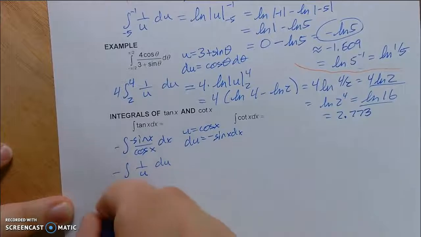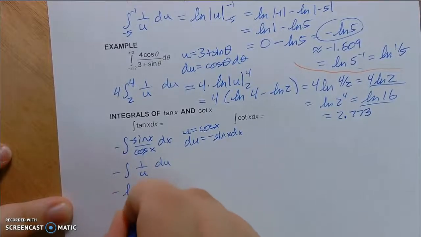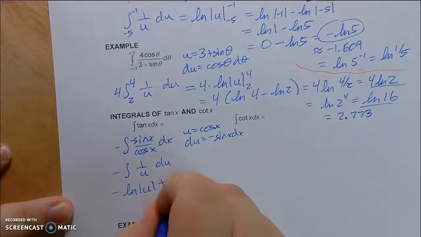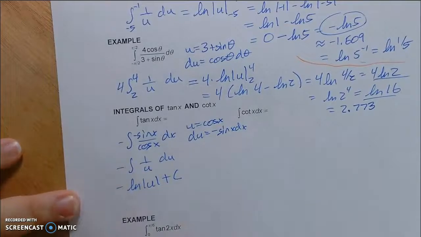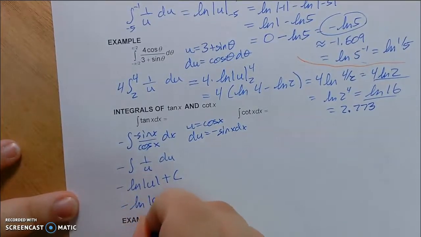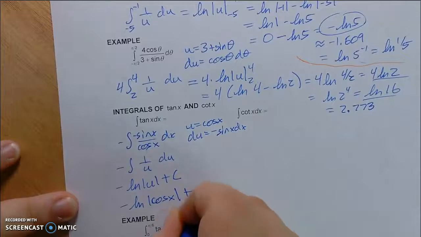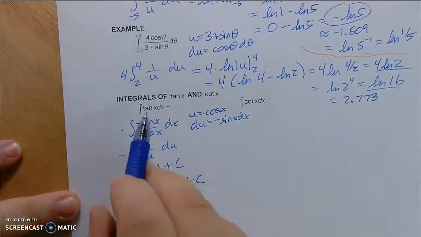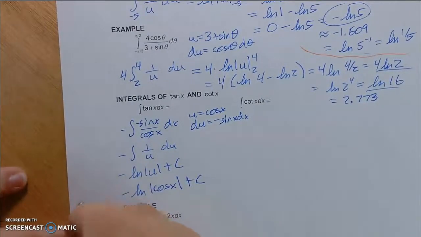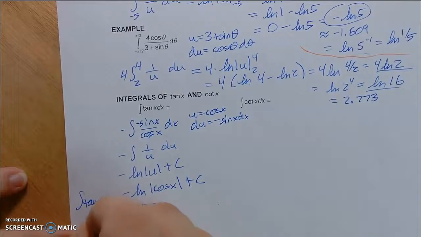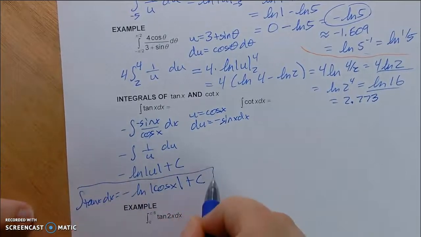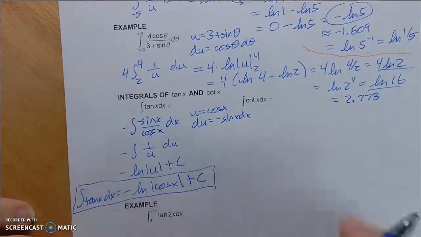We recognize that to be the natural log of the absolute value of u plus c. Substitute u back in, and we get negative natural log of the absolute value of cosine x plus c. So the integral of tangent is this. Guess what? You get to memorize this.